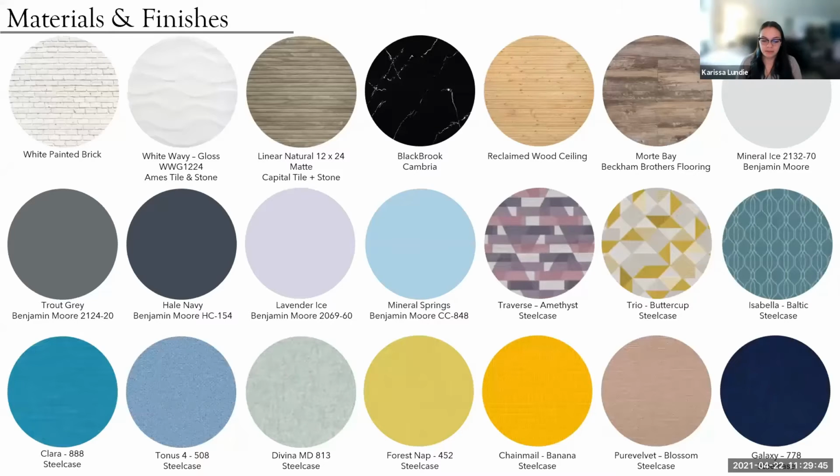The materials, I really wanted to revitalize the heritage aspects of the space to help create a warm, non-clinical environment, while also providing some more modern finishes and pops of color for contrast. So that I have done with the wood ceiling and also the wooden floors. This would be done in a luxury vinyl tile by Beckham Brothers for extra durability, and also it would have extra cushion underneath, that way it's a little easier if you were to fall.